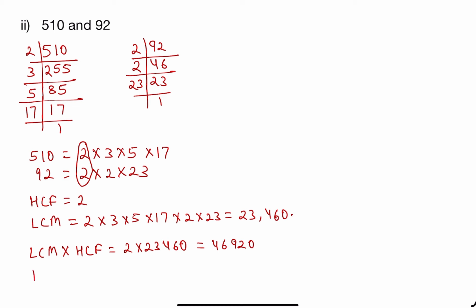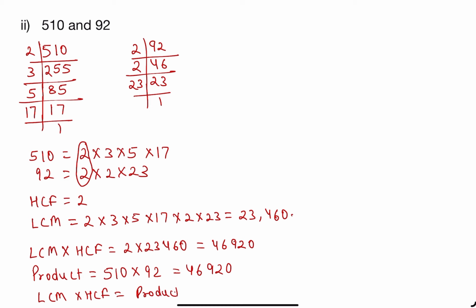So product 510 into 92. Then it will again come 46,920. So LCM into HCF is equal to the product of first number and second number. So verified.